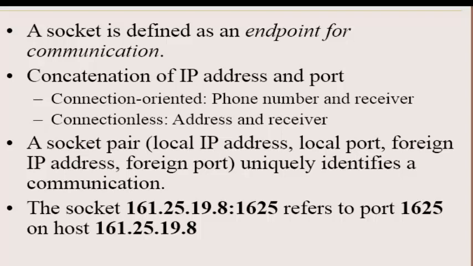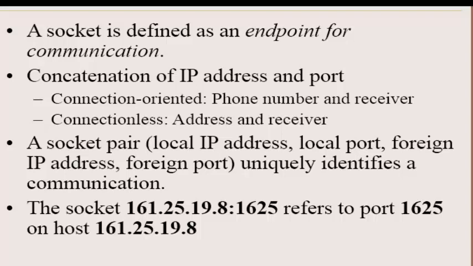If you have connection-oriented, that means TCP, or connectionless, UDP, there's a sender and a receiver. So a socket pair is local IP address, local port, and then foreign IP address, foreign port.